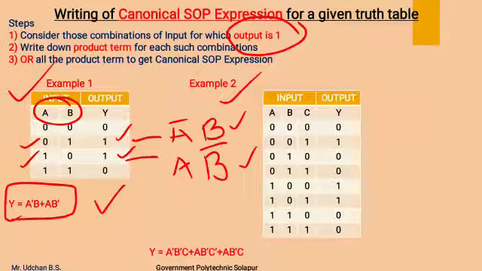This is how we can get a canonical SOP expression from a given truth table by considering only high output.